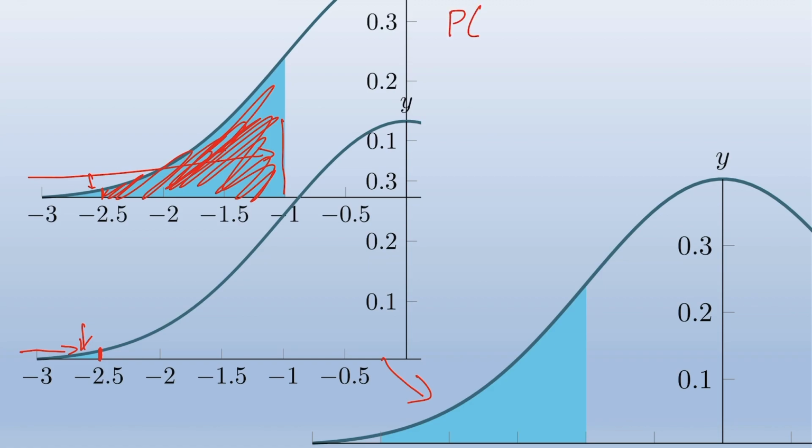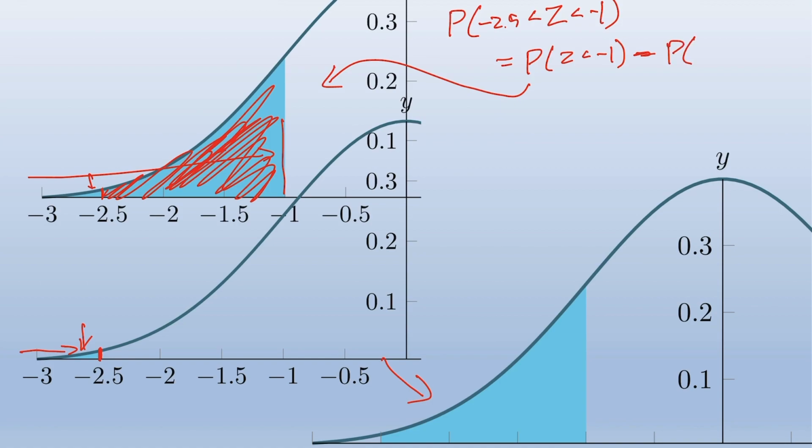The probability that z is greater than -2.5 and less than -1 is equal to the probability that z is less than -1, because that includes all of that, take away the probability that z is smaller than -2.5, which represents the little area. And that difference gives me this.